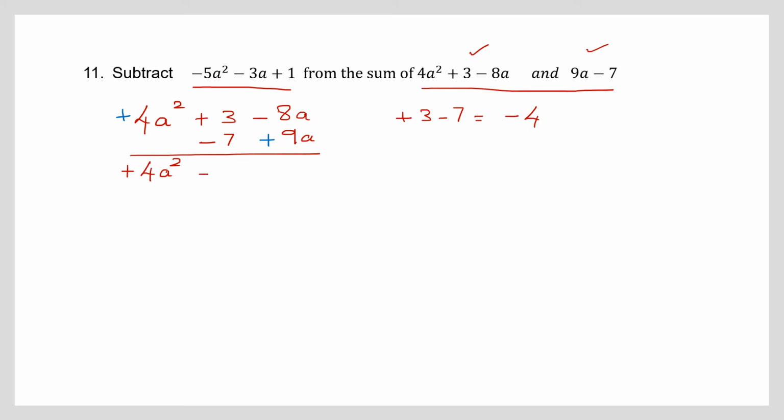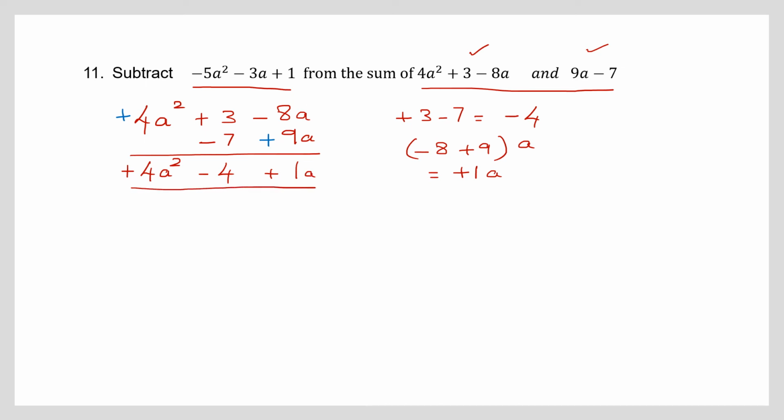So that is minus 4. Now here again signs are different. Minus 8 plus 9a. When signs are different, put the sign of the bigger number. 9 minus 8 is 1, plus 1a. So we found the sum.